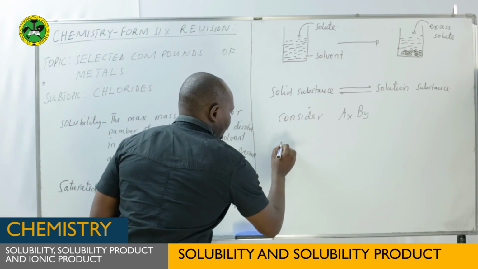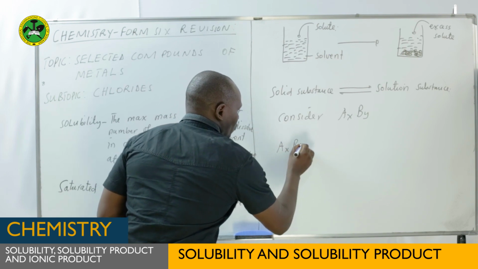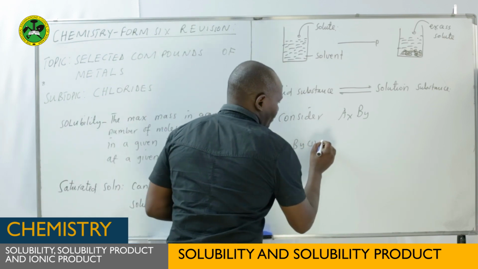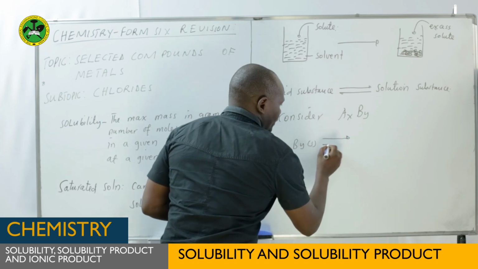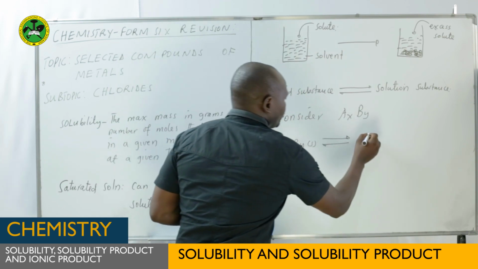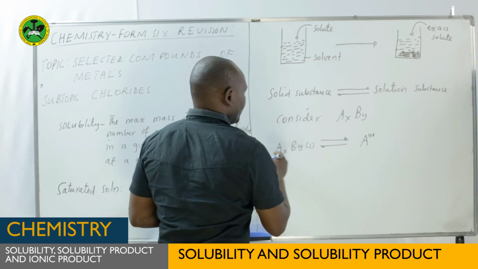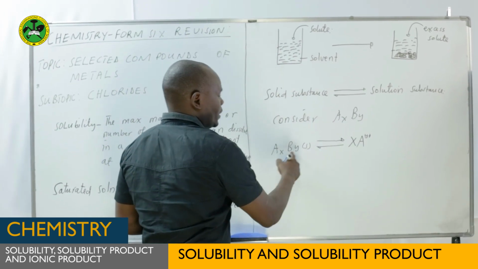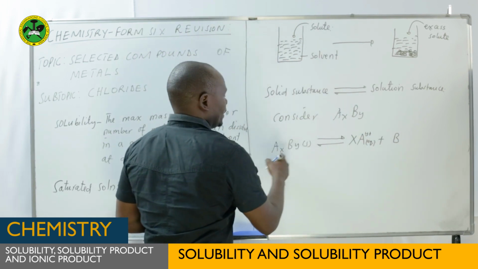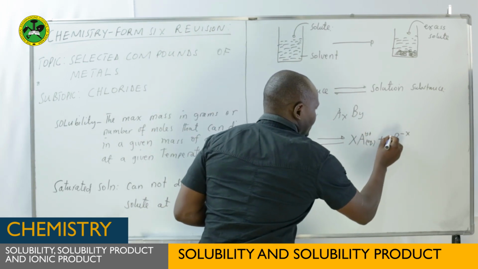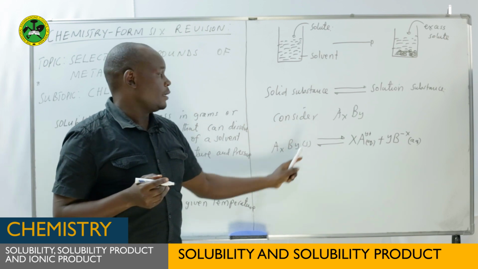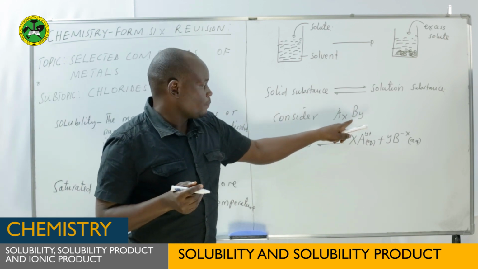AxBy, which is our solid, establishes an equilibrium with the solution, forming A to the power y positive, a cation, and B to the power x negative, an anion, both aqueous. Once balanced, there must be x of A and y of B.